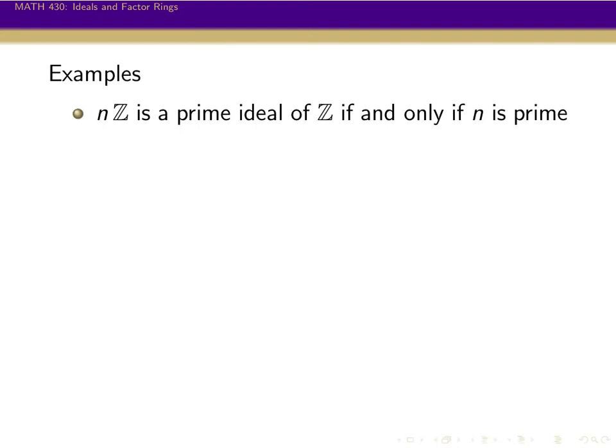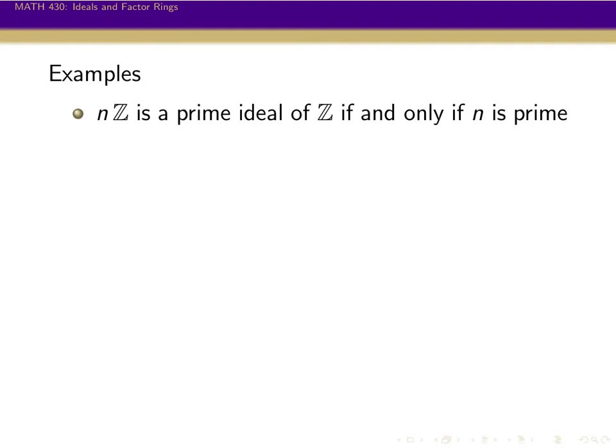Okay, so as we were just saying, one prime example of prime ideals is ideals of the integers generated by a prime. So nZ is a prime ideal if and only if n is prime. And so this is straightforward.